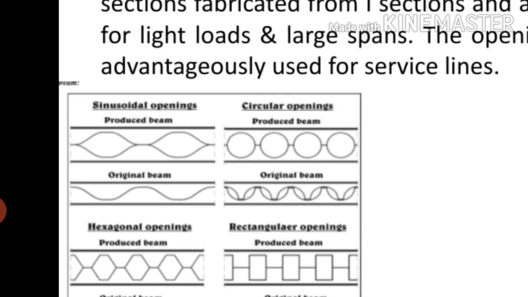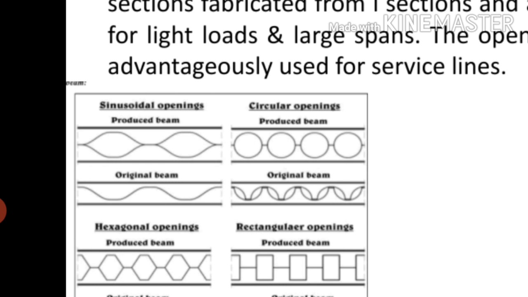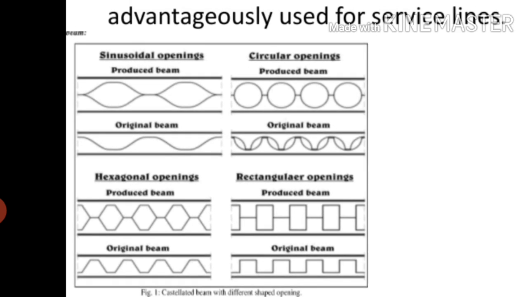So if an I section is provided with openings in the web like this, this is the original beam and this is a produced beam, this is a rectangular opening. If the webs are provided in these shapes, you can look at the beam section. This is a sinusoidal opening.